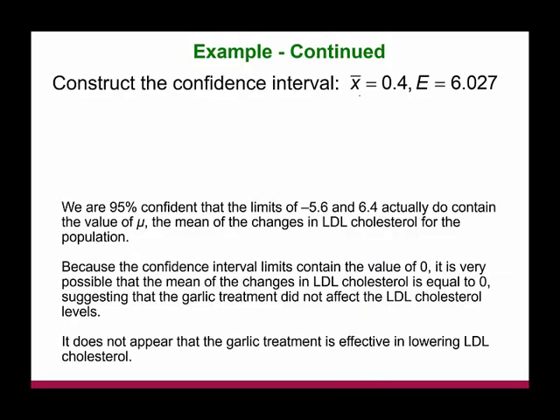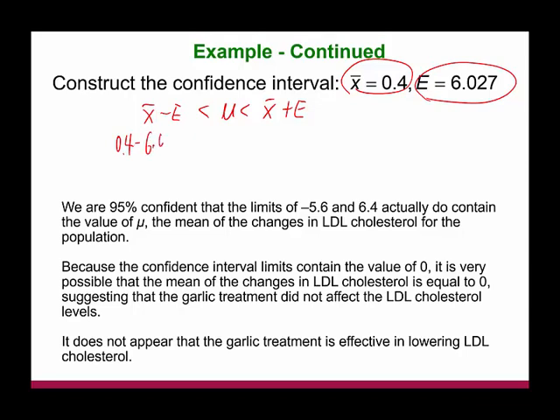Now using the sample mean and margin error, you can find the lower limit and the upper limit. I'm just constructing the confidence interval, so 0.4 minus 6.027, that's the lower limit.